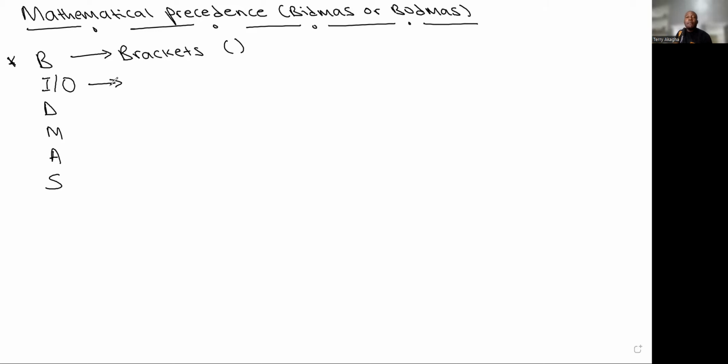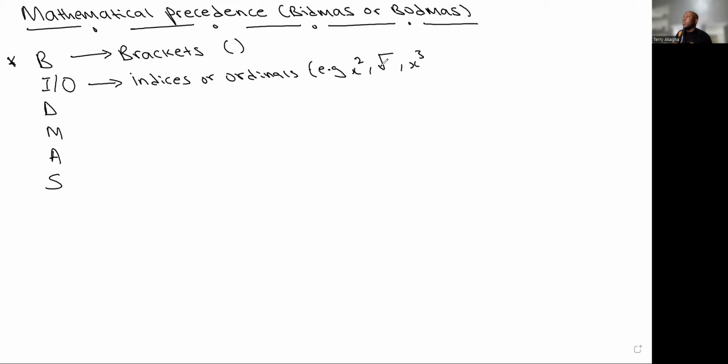Now, after the bracket, the next thing to solve is the indices. All right, so we'll talk about indices or ordinals. So things like, for example, the square roots, cube roots. Does that make sense?